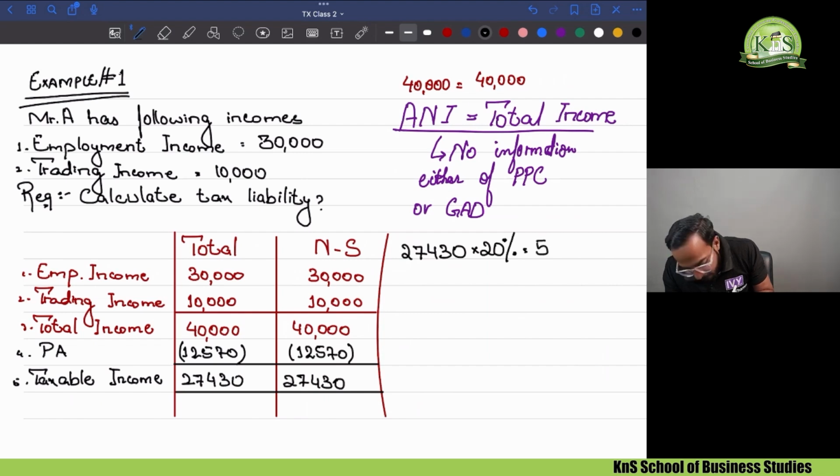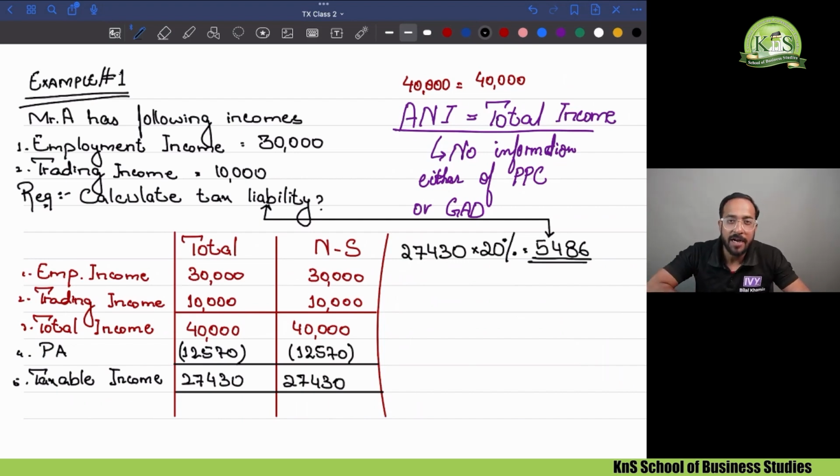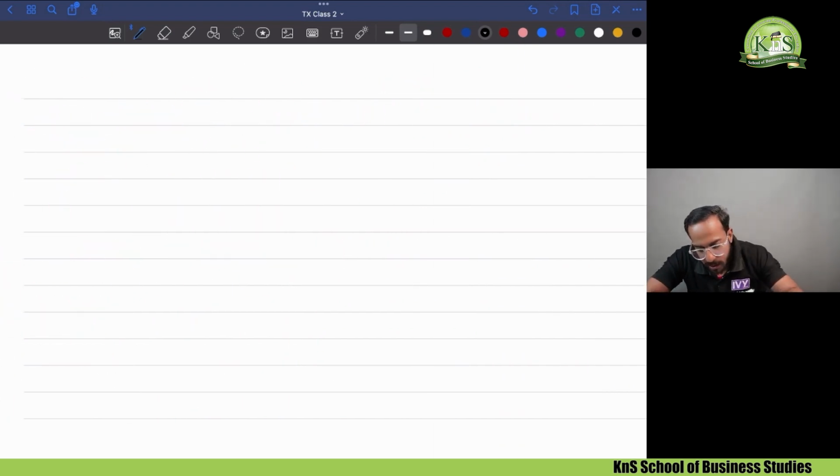That is 5,486. That is your tax liability. Got it? That's condition number 1. Now moving towards condition number 2.